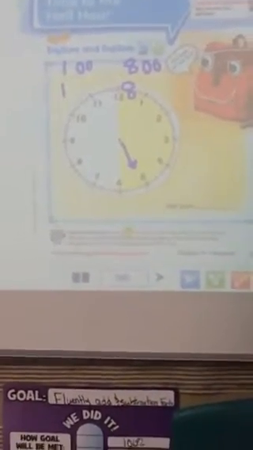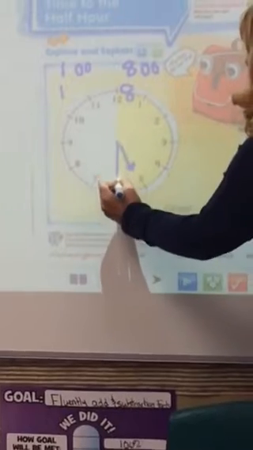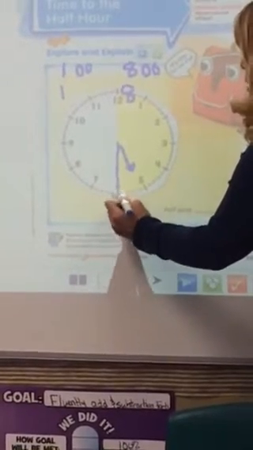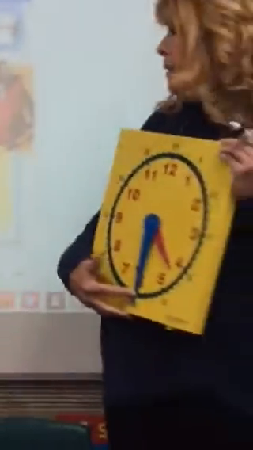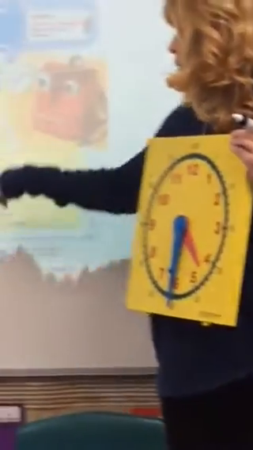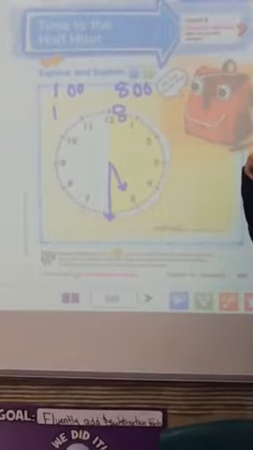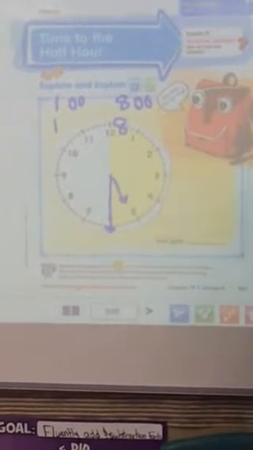There's our 5. And then it says put the minute hand on the 6. We're going to really exaggerate that minute hand, and make sure it covers up those digits, because remember, the minute hand doesn't care about the numbers on there. It just wants to count up the minutes. So that would be 5:30.